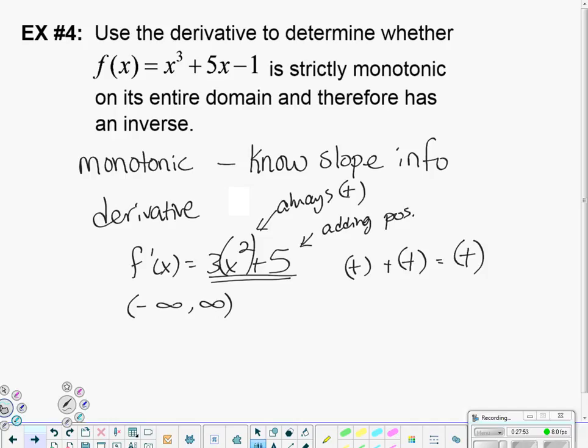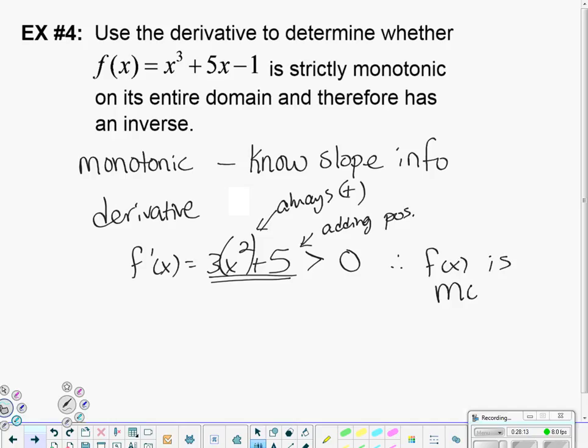Could we have a 0? Oh, no, 0 goes in and we get 5. This thing is always greater than 0. So the derivative is always greater than or equal to 0. I'm not even sure it could be equal to 0, but we'll just say it's greater than 0. Therefore, f of x is monotonic. It's always increasing. So it's easy to use the first derivative to talk about monotonic functions.